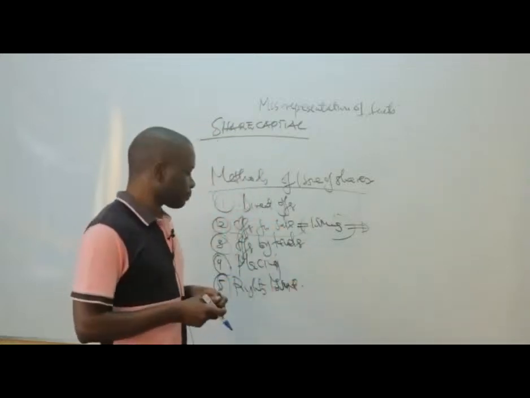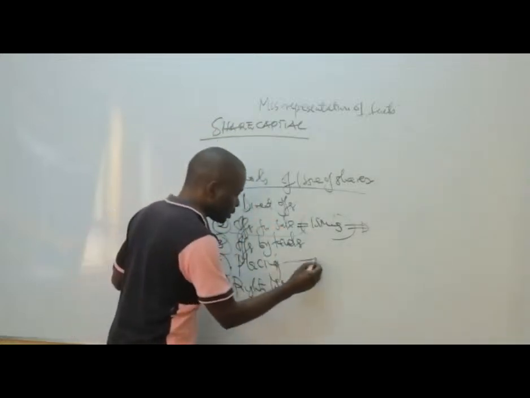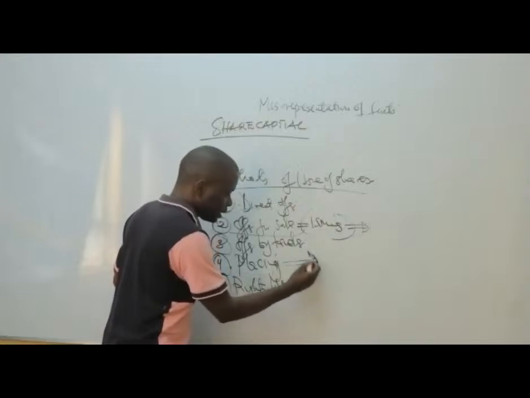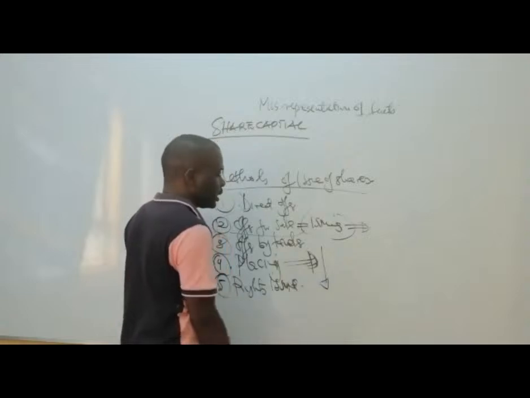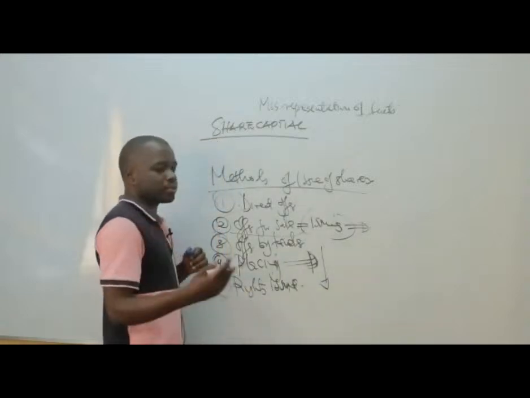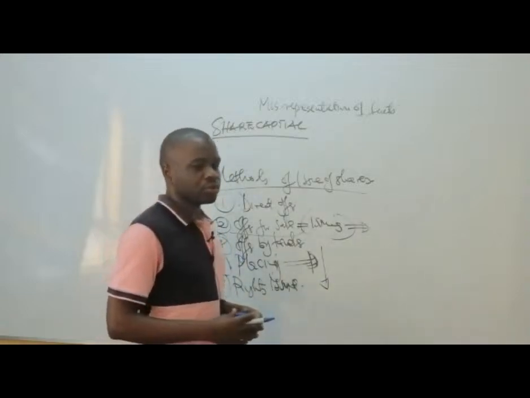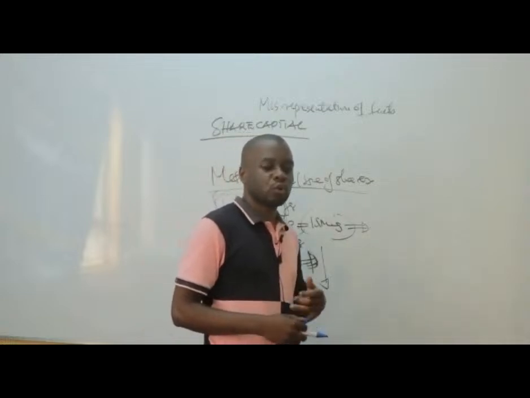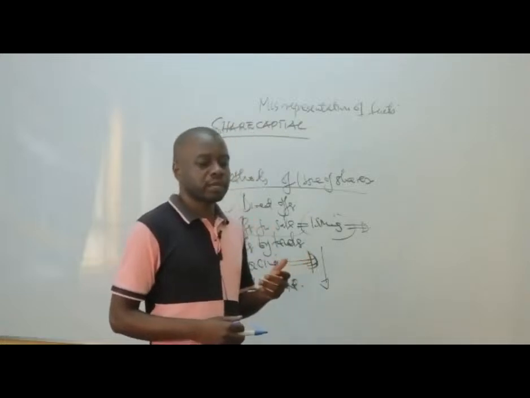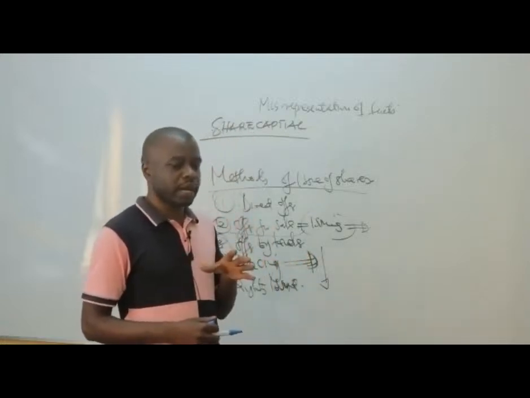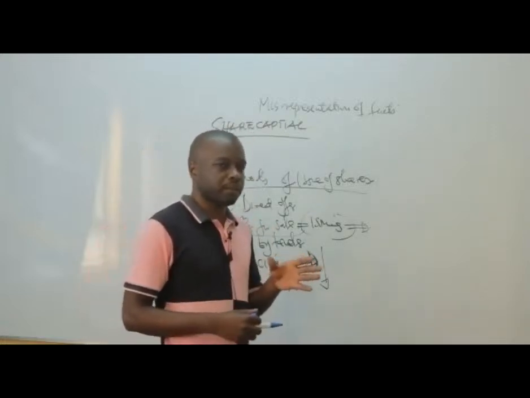So the issuing house chooses specific investors in the economy who are likely to buy the shares in huge quantities. Instead of waiting for people to subscribe for the shares, the issuing house already has those investors they know, so they can convince them to buy, for example, all the shares of the company.